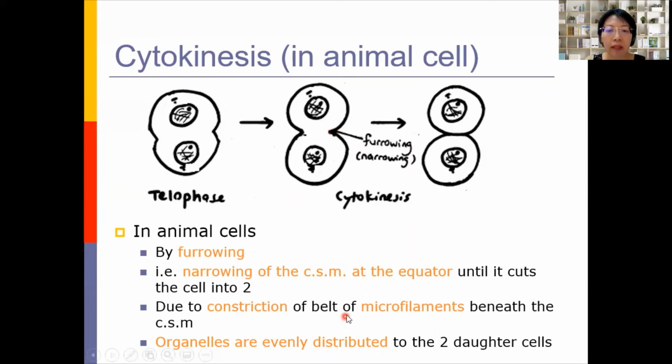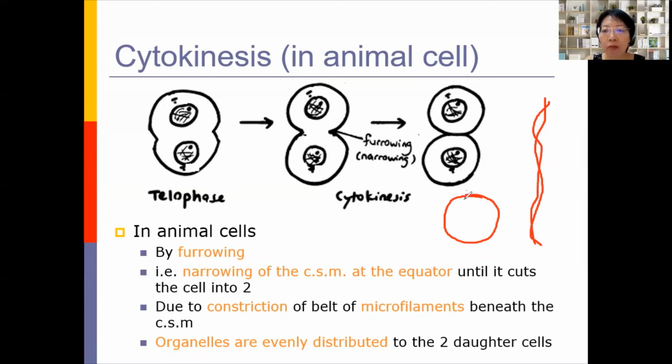What is pulling it is the belt of microfilaments. Microfilaments are actually a fibrous protein. You have two strands of protein that twist around each other very loosely. So you have these microfilaments arranged beneath the cell surface membrane inside the cell. If this is the cell, I'm showing you the circumference of the equator.